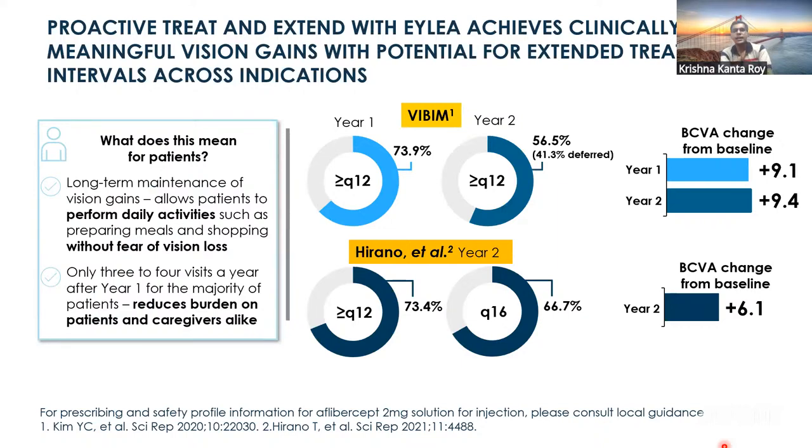Now, these two papers show that aflibercept's long-term maintenance of visual gain is much more. And what happens if a patient has to maintain 3 to 4 visits in a year, for a majority of patients, to reduce the burden on the patient and their caregiver.